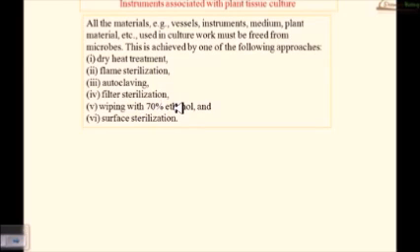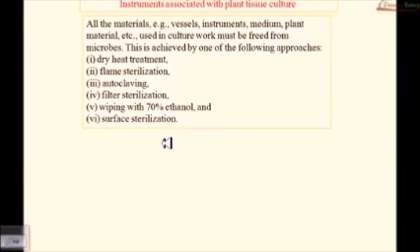So 70% ethanol is utilized for surface sterilization, and sometimes chemicals like mercuric chloride and others can be utilized as surface sterilizing agents. The explant means the plant portion or tissue which we have taken for tissue culture, right?